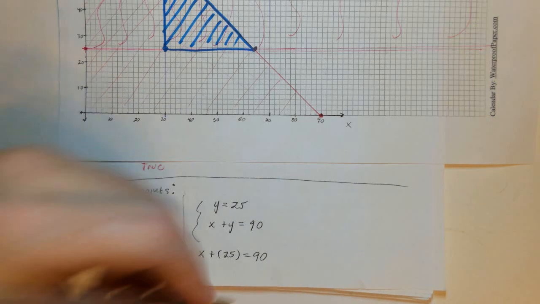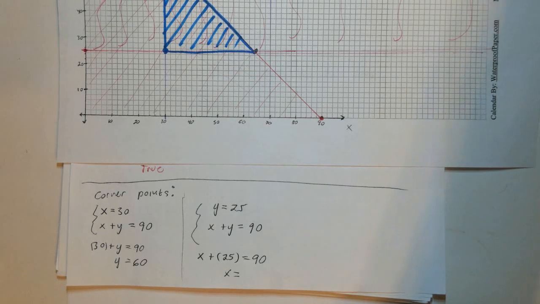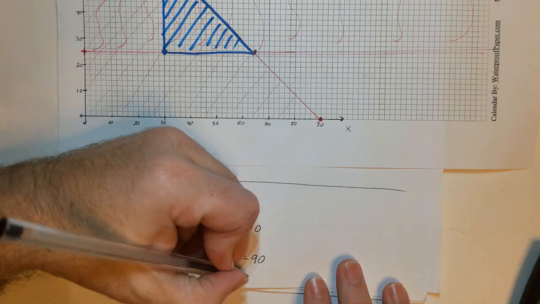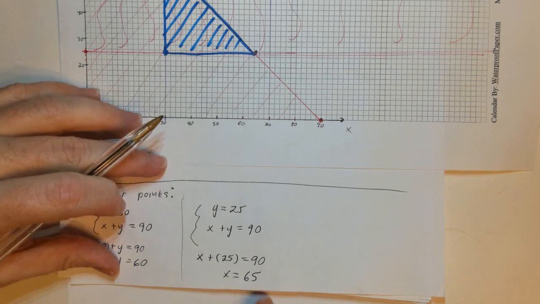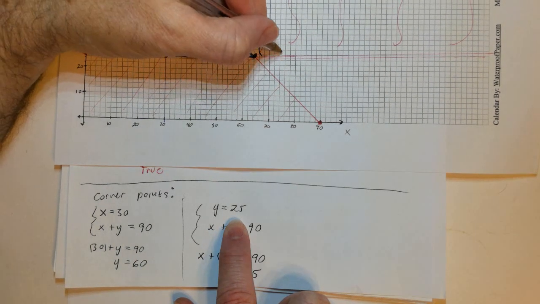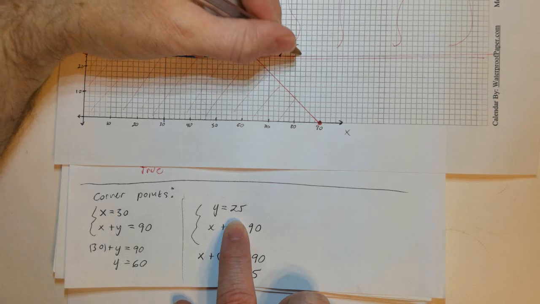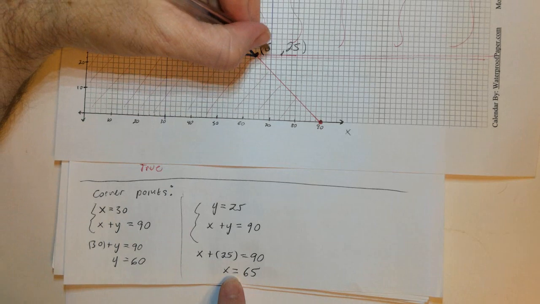I am doing a little bit of shortcut, but was that 65? I had to double check myself. Okay, so that means if y is 25, then x is 65.